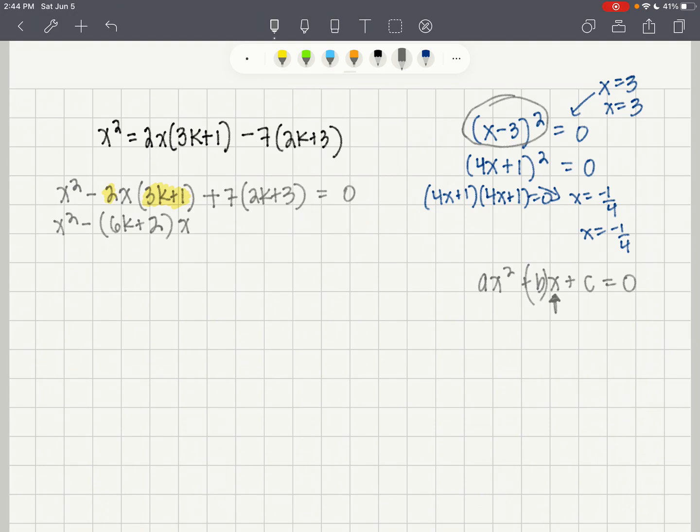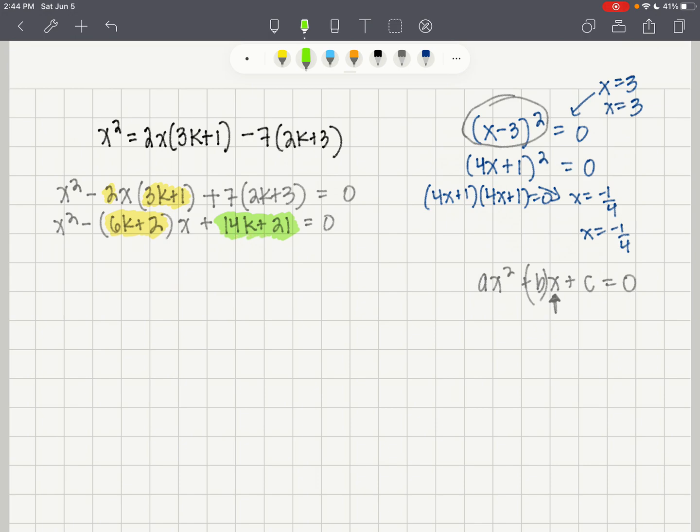If I were to multiply this back out, just to show you, minus 6k, minus 2, and of course the x is on the right-hand side, so that would all work out. I'm going to distribute this as well. And now I'm going to use some highlighter here. Here's my coefficient for the linear term x, and here's my constant term.